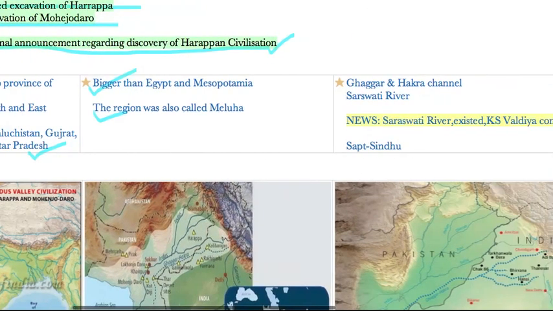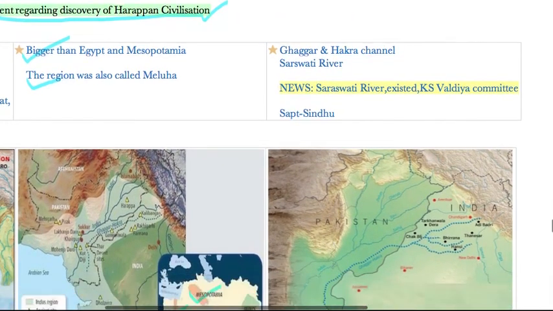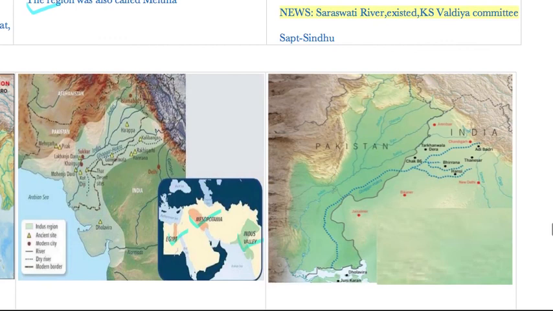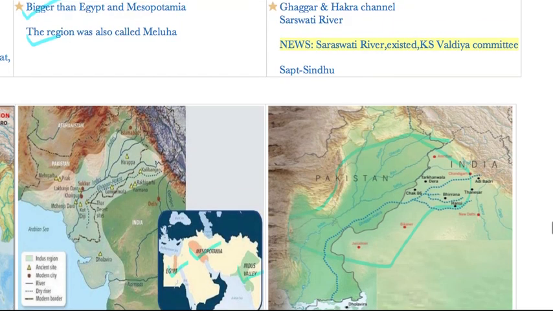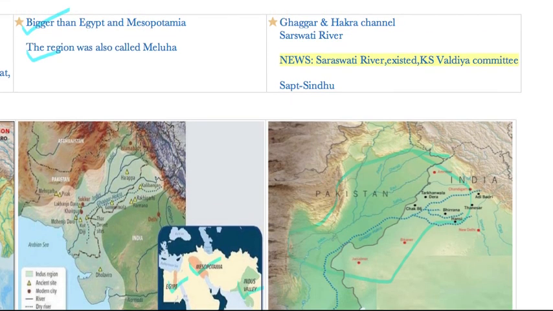And the third fact is, this area where this civilization existed was called Sapta Sindhu. You might know Punjab has 5 rivers and Indus is one of the rivers. So you have 6 rivers. Which was the seventh one? The seventh river was the Ghaggar and Hakra channel, or we call it the Saraswati River. This river dried out.